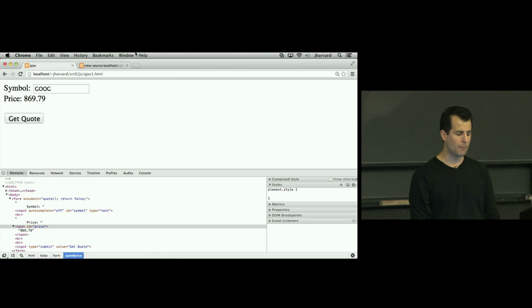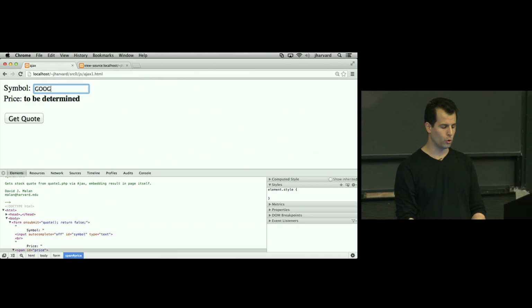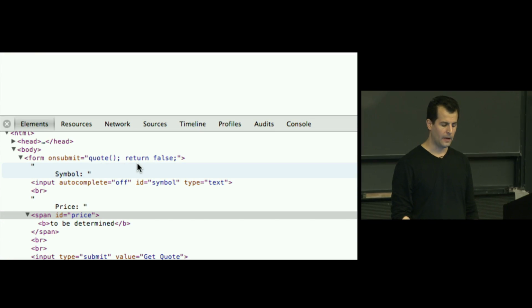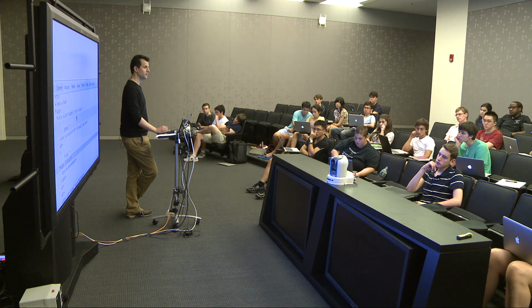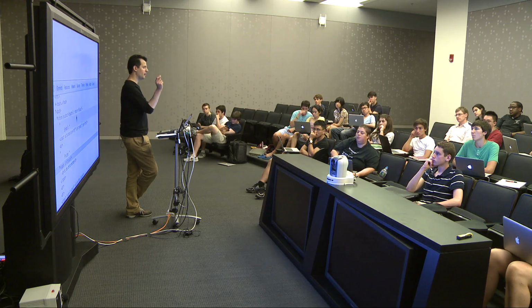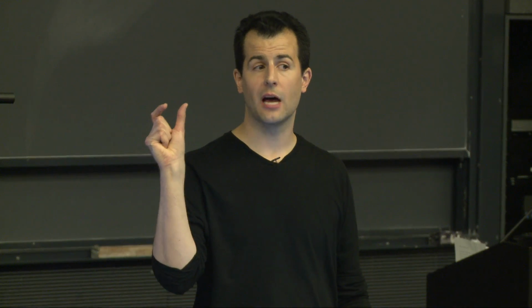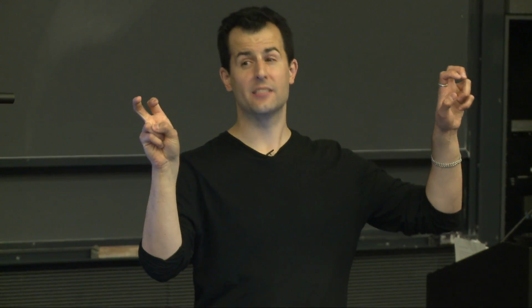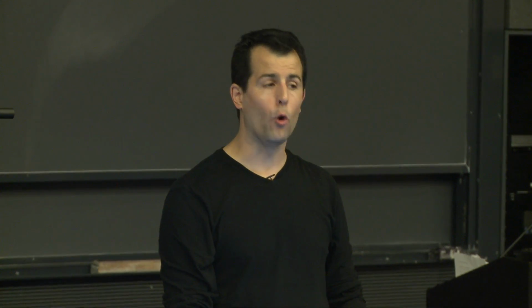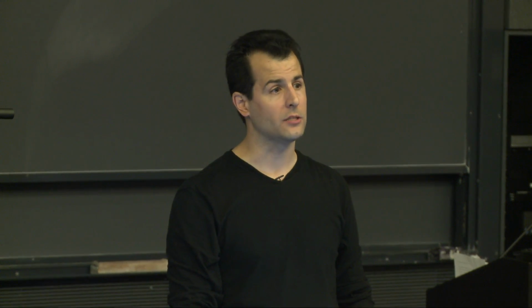So if we do it again to recap, now with that context, and I pre-type in Goog, I don't hit enter yet, but I instead scroll down to where it says "to be determined." Is the span tag going to be replaced or the bold tag? Just the bold tag, because when I uniquely identify the span element by its ID, called price, and change its innerHTML, that won't blow away the span tag itself, just its inner HTML, which is apparently a bold-faced tag and a line of text "to be determined."